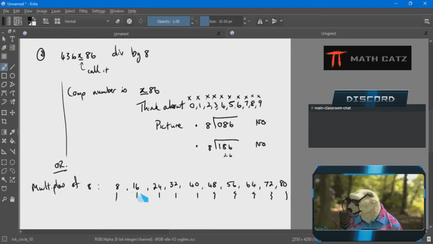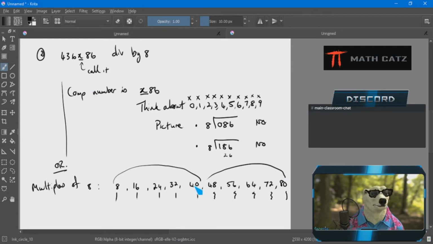The ones digits loop around every 5 multiples. It cycles back and starts with an 8 again. Not the other digits. Of course, they get bigger and bigger and bigger. But the ones digits loop around. 8, 6, 4, 2, 0. It's actually a nice pattern.